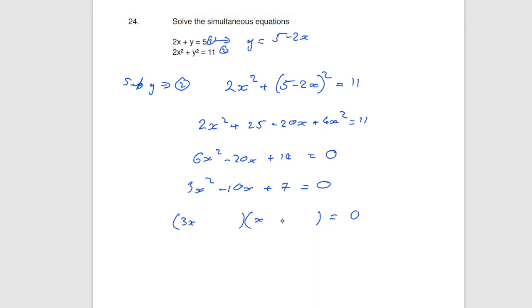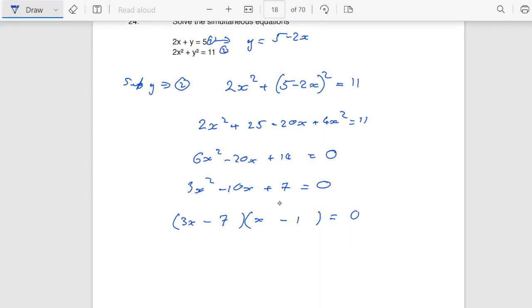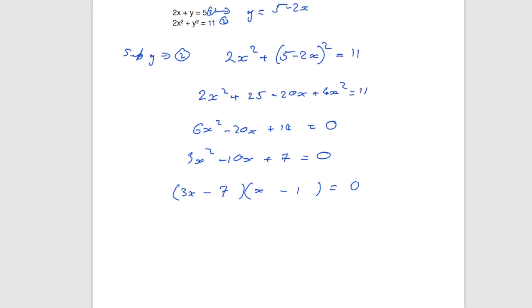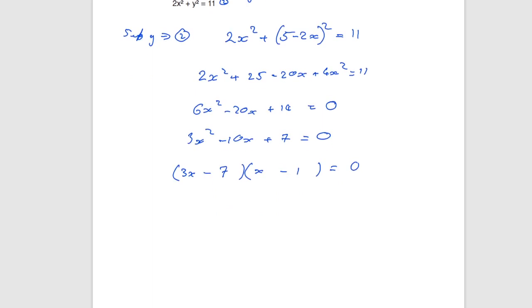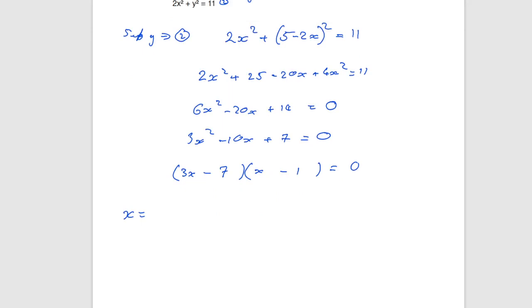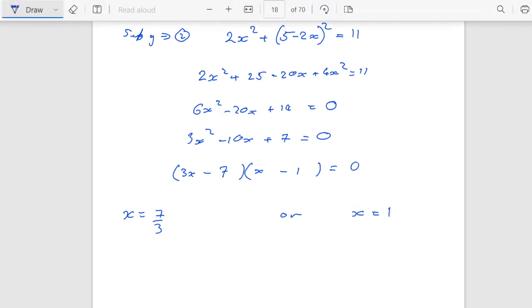So if I go minus 1 there and minus 7 there, that would work, because minus 3 minus 7 would give me minus 10. So from there I get two values for x. Either x is going to be equal to 7 over 3, or x is going to be equal to 1.